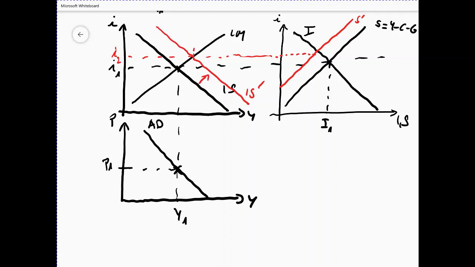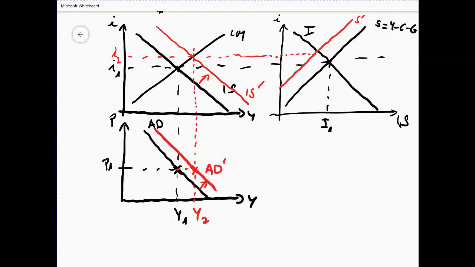So that means that now we are going to have, at the same price level, because the price level didn't change, so at the same price level, this will still be along the AD. Now this is only possible if the AD itself shifted to the right.